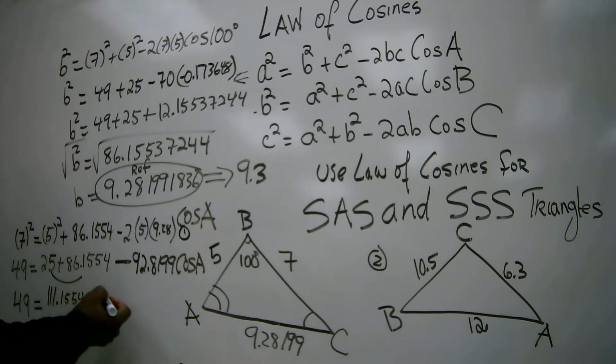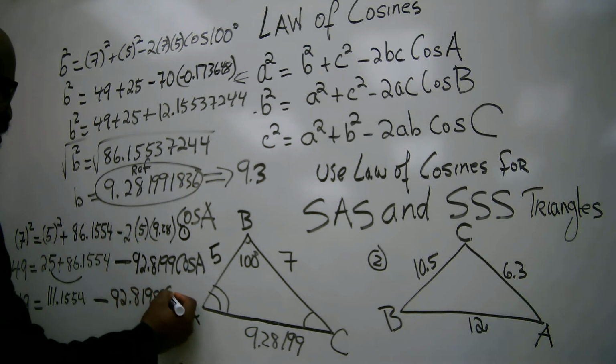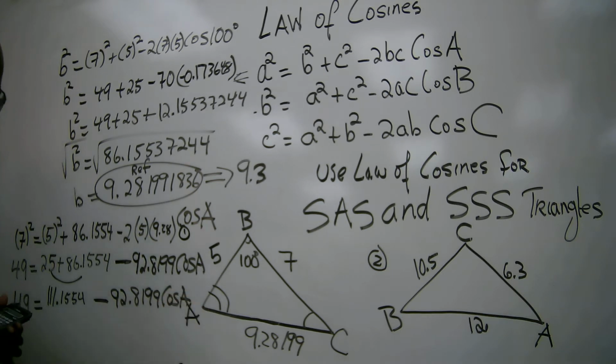Alright, do not subtract those. This is your variable. That will be 92.8199 cosine A. This is your variable. Since you are using order of operation, you're going to subtract 111.1554 from each side. You're going to subtract that and it's going to become negative.